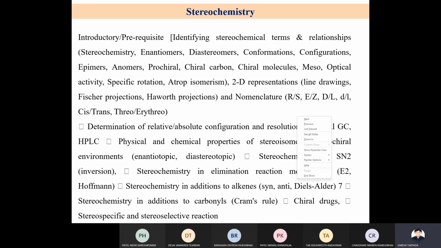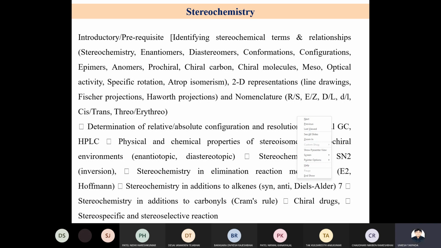The first one is the identification of different terms. That is, what is stereochemistry, what is enantiomer, what is diastereomer, what is conformation, what we call configuration, then the definition of epimers, anomers, chiral carbons, pro-chirality, meso compound, optical activity, specific rotation, heteroisomerism.